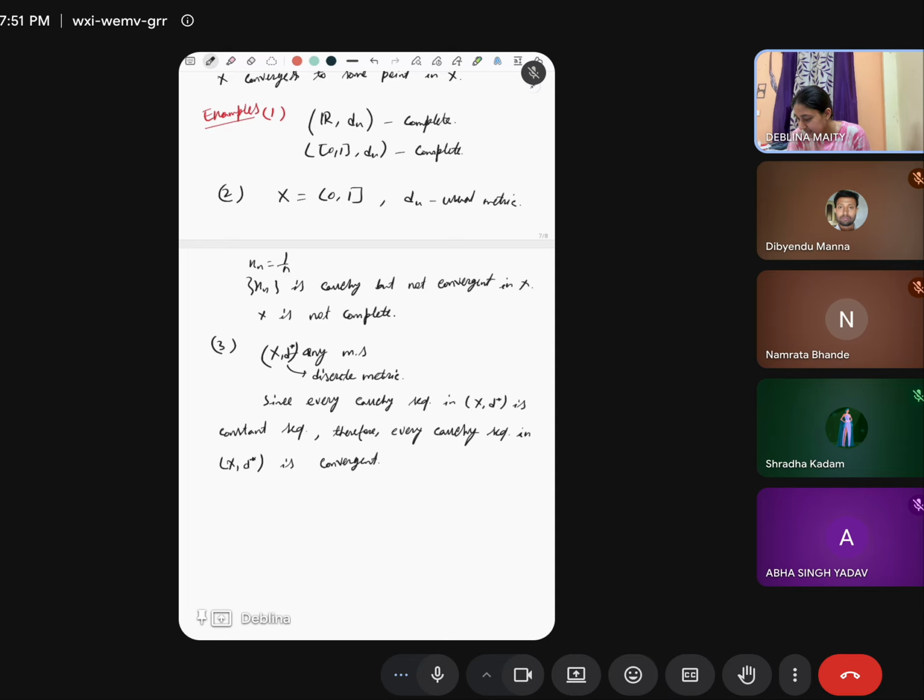So (X, d star) is complete. So X with the discrete metric is always a complete metric space, right?